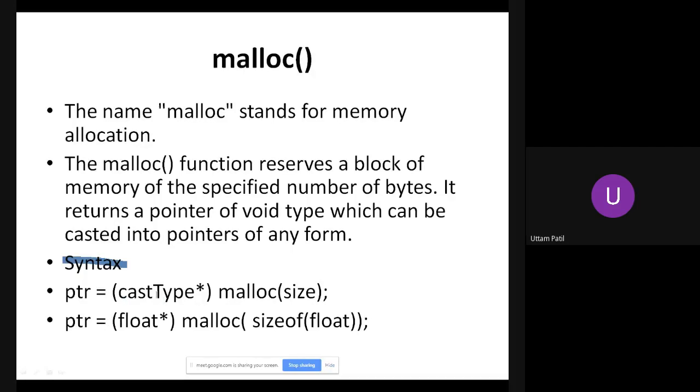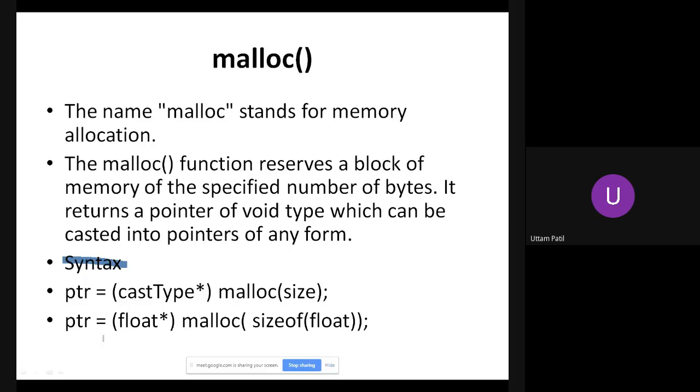So this is called cast type, or you can also say data type, and it's a pointer. So star indicates that we are trying to convert something to a pointer type of data. Then malloc is the name of the function. Here you have to mention the size in bytes, how many bytes are to be allocated.